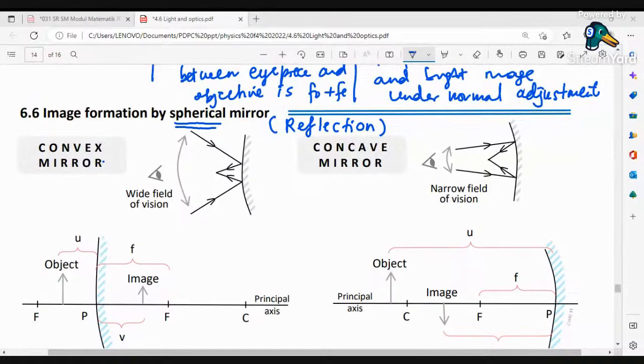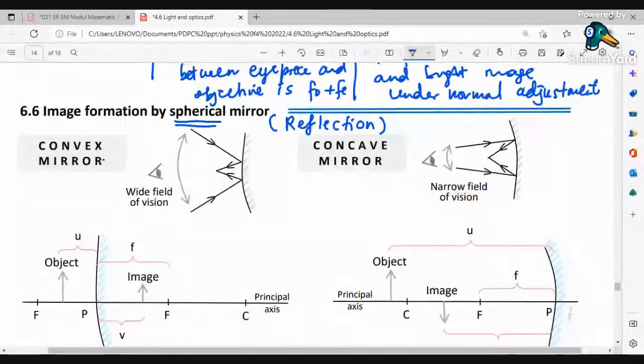Okay, for convex mirror, ini mirror ini dia punya surface. Ini dia punya surface. Okay. Ini okay. So ini panggil convex.